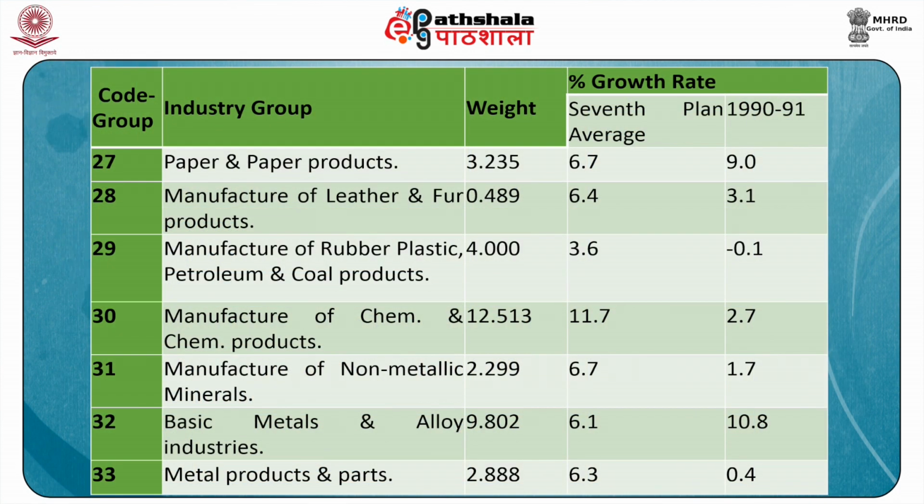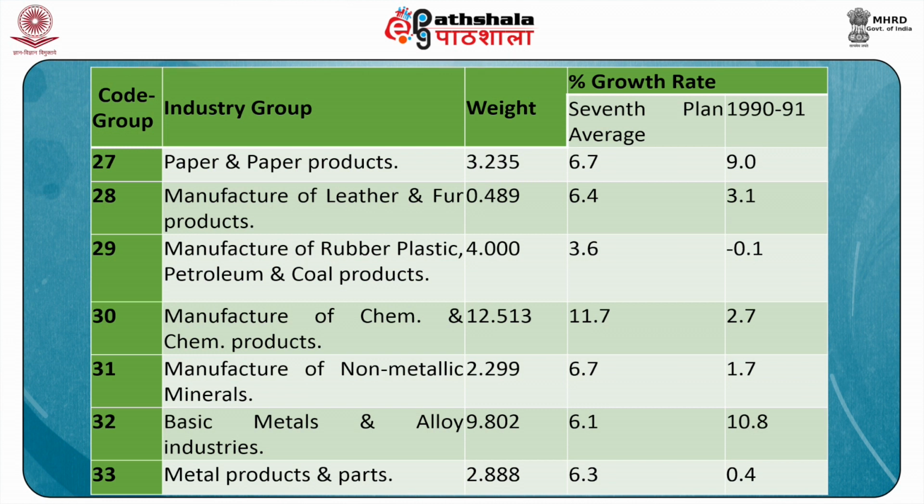Next, paper and paper products of weight 3.235 had a growth rate in the 7th 5-year plan of 6.7%, and in 1990-91 the growth rate for it was 9%.